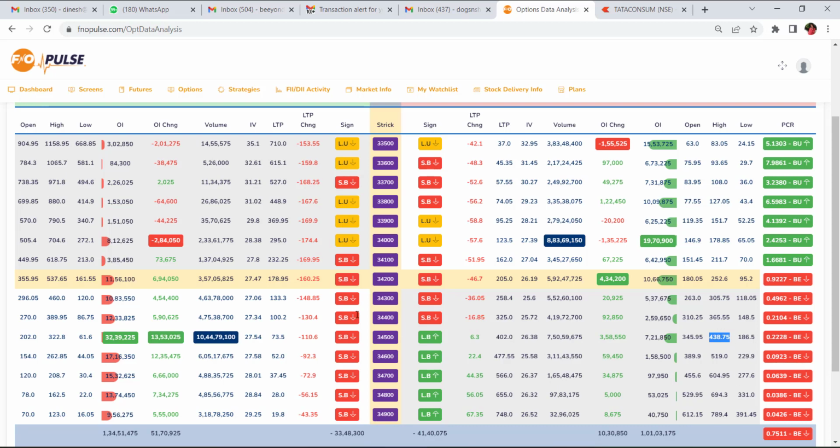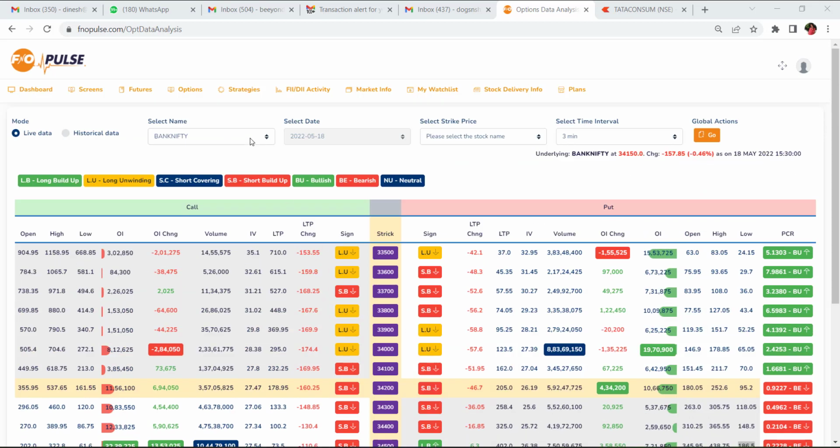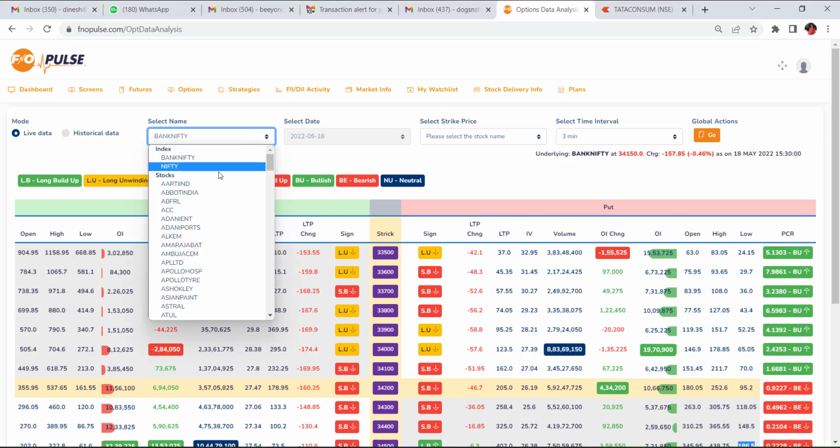That means in the morning it was on the bullish side, then it turned to bearish. That means it went low up to this and the market turned reverse. If you caught around 250, you will get a better understanding of this. So like this, you can trade in Bank Nifty. Next, Nifty, the same way you can do it for Nifty also.